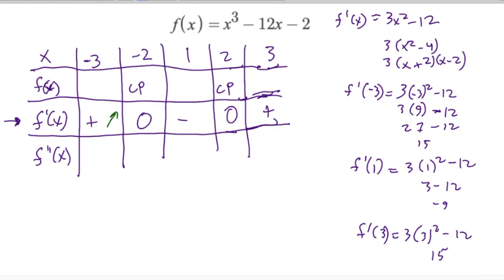Positive is going up, negative is going down, positive going up. And because it goes up, down, up, this is a max and this is a min.